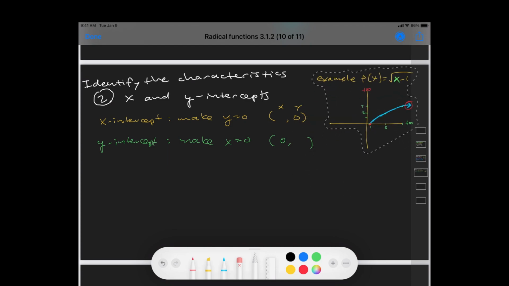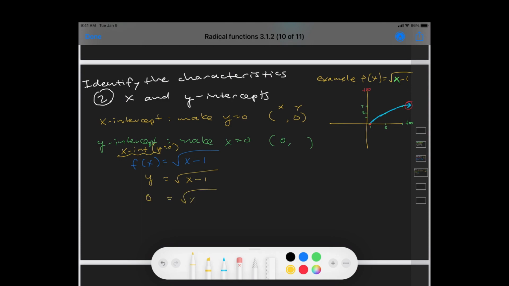Okay, so there's my graph. To identify the x and y intercepts, you take the function and make your y equal to 0. So I have f of x equals the square root of x minus 1. I'm finding the x-intercept here. Let's write this, x-intercept. We're making y equal to 0. Now this one has no y, so you're changing the f of x to that. And we said make y equal to 0.